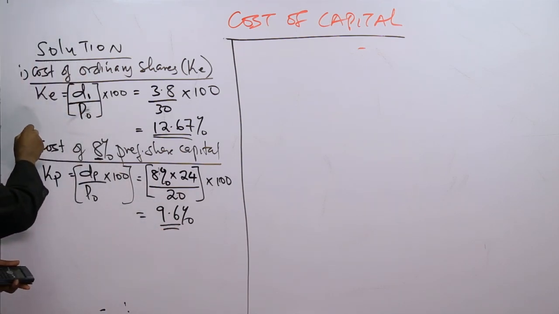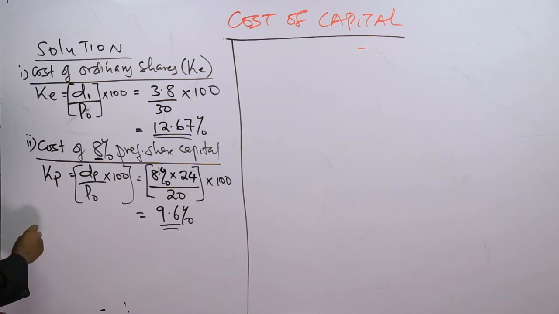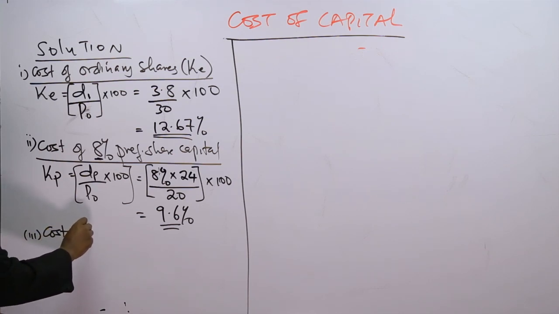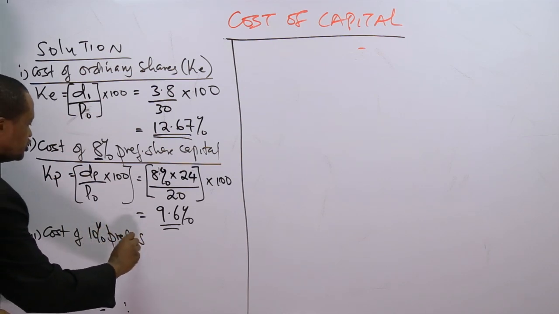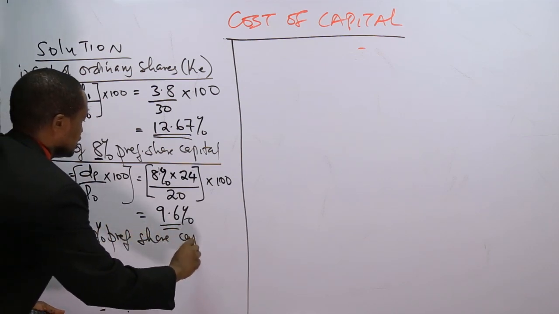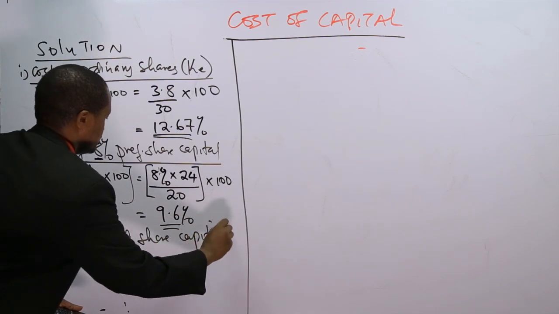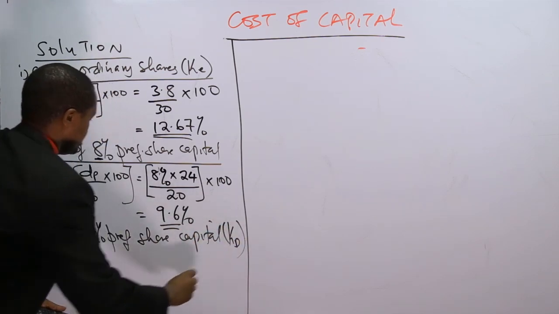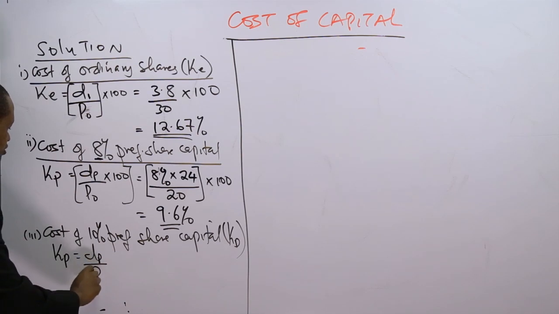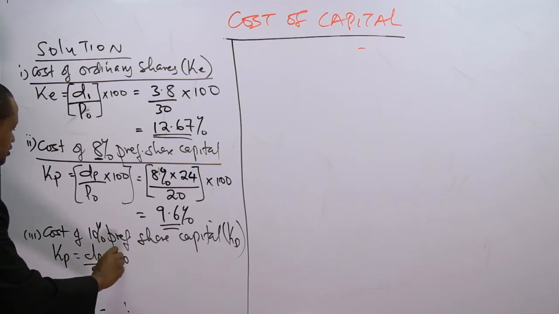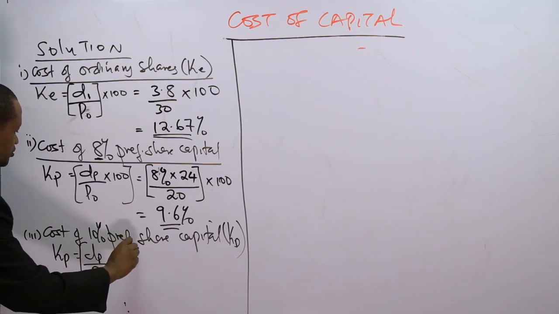Then requirement number 3, we have to determine the cost of 10% preference share capital, KP. So our KP here will be equal to the DP over P naught times 100. That is the formula.